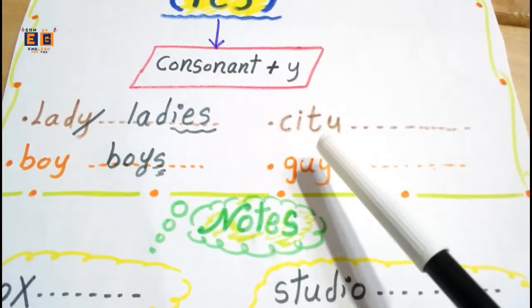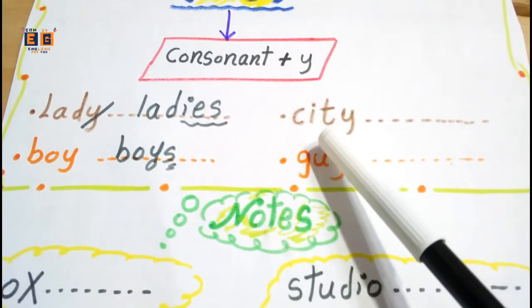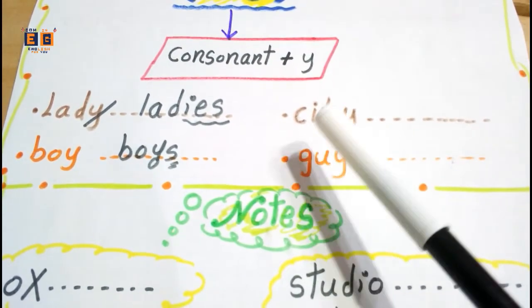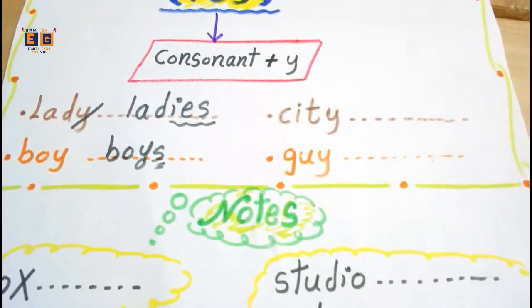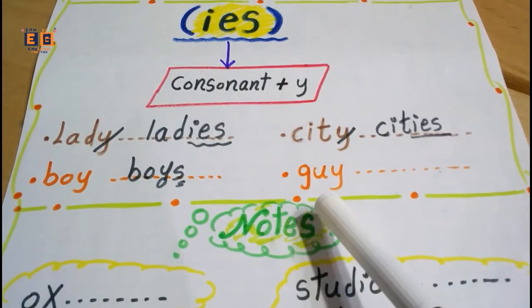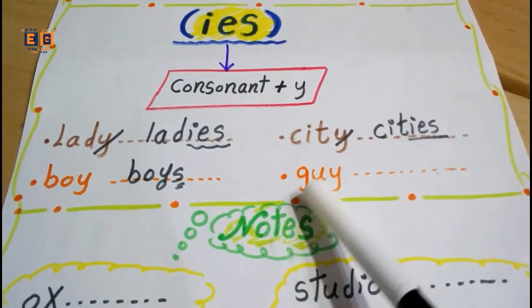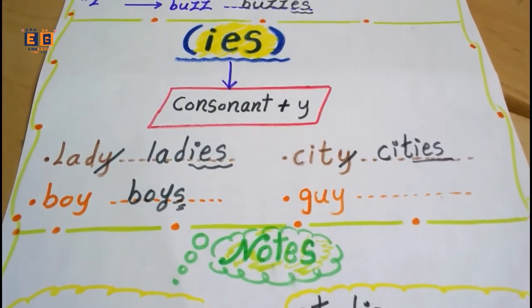The letter which comes before letter Y is T. T is, of course, a consonant, so we drop Y and put IES. Word guy, which means person. Y comes after a vowel, which is U, so we just put S after Y.